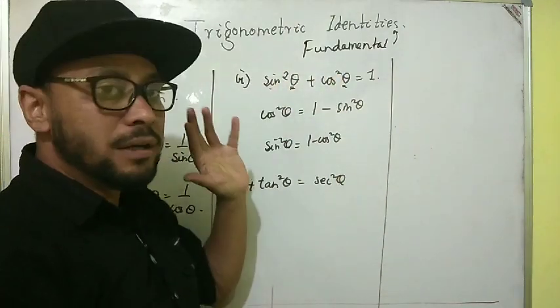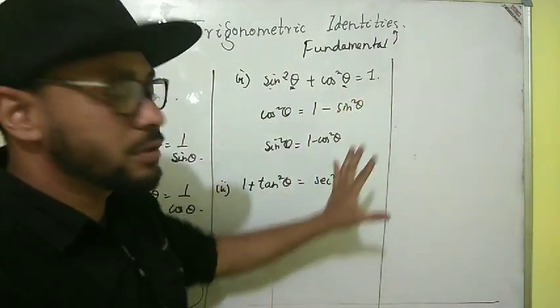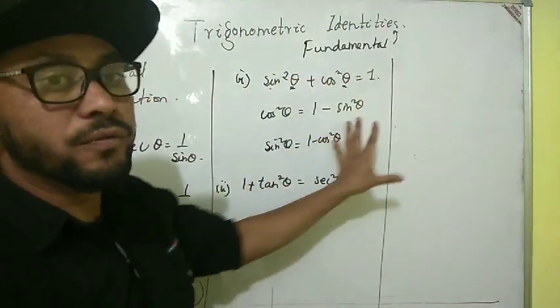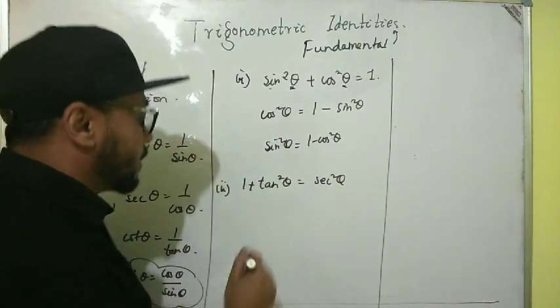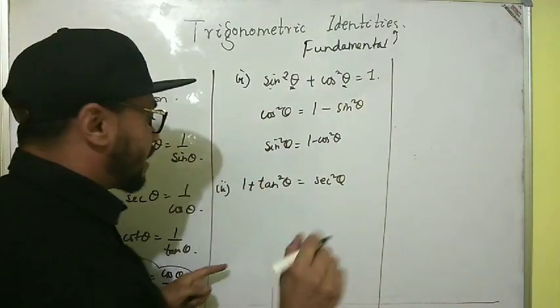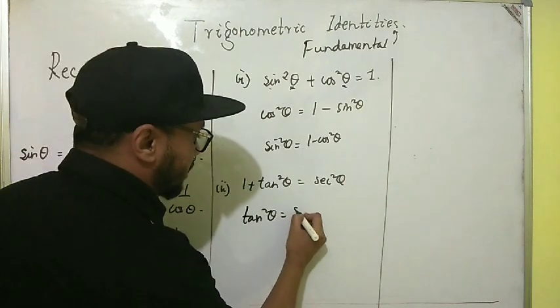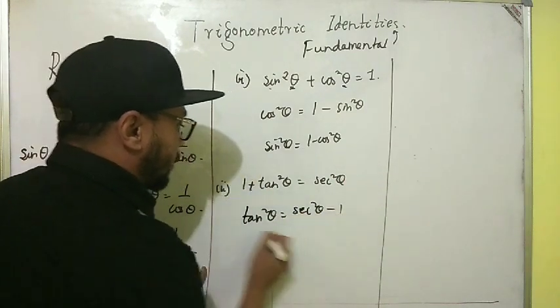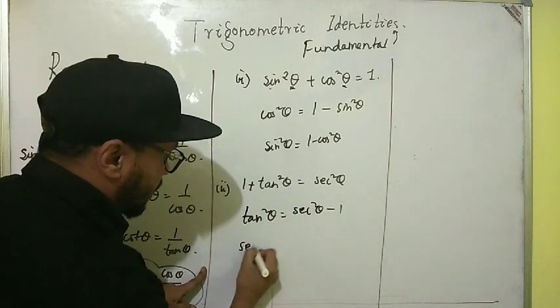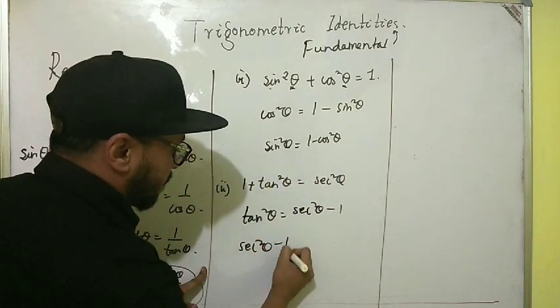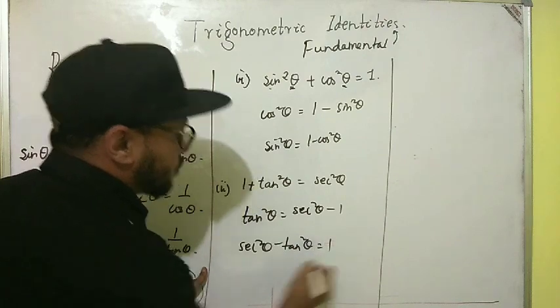If we have a square, then try to relate whatever term is there with these fundamental identities. Keep this in mind, the squares are very important. Tan square theta, if you take 1 to that side, is sec square theta minus 1, or if you take tan to that side, it will be sec square theta minus tan square theta is equal to 1.